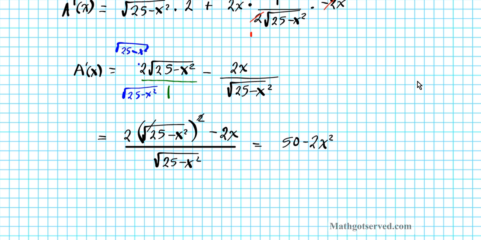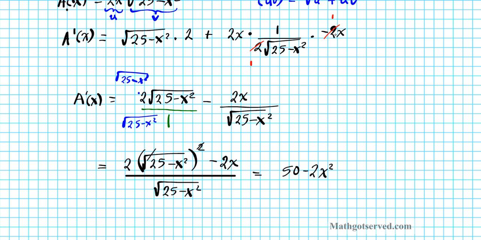Yeah, I made a slight error earlier. Let's go up a little bit here. So we have this 2x and then this x, if you multiply them together, this is 2x squared. Sorry about that. So 2x squared. So we have a square here. So 50 minus 2x squared minus 2x squared. And then we divide that by the denominator, which is the square root of 25 minus x squared.